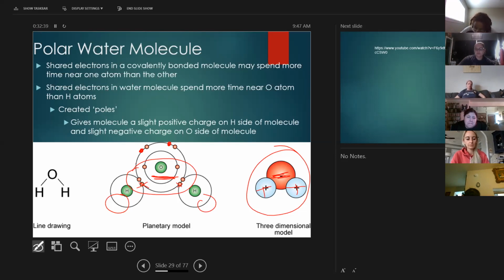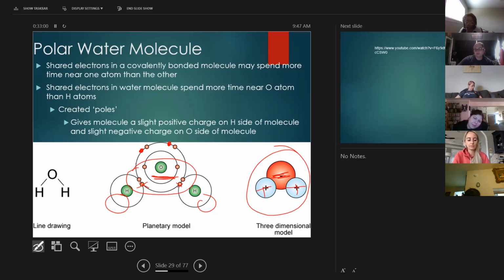How does everyone feel about that? You said the area where they are not gathered is positive then? Mhm. Okay, just to make sure. Yeah, because if electrons have a negative charge and I don't have any electrons there, then I don't have a negative charge. Okay, well, I have a question on the inner shell.